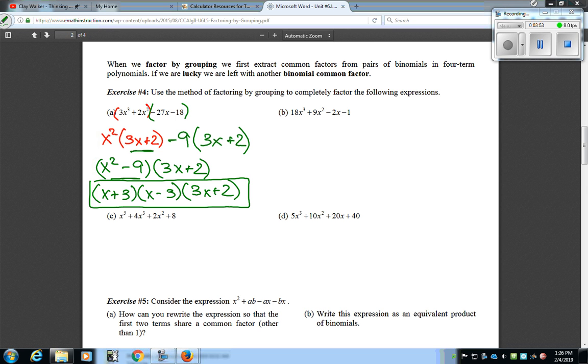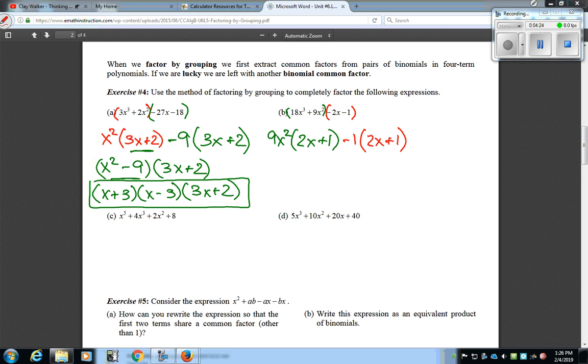Now, moving on from there, let's take a look at one more. We're going to look at B. In the case of the first two terms, it looks like we could take out a 9x squared, and then in the parentheses, we're going to have 2x plus 1. Now, looking at the second two terms, it looks like I can take out only a negative 1, and that's going to leave me with that 2x plus 1 that we had in the first common factor.